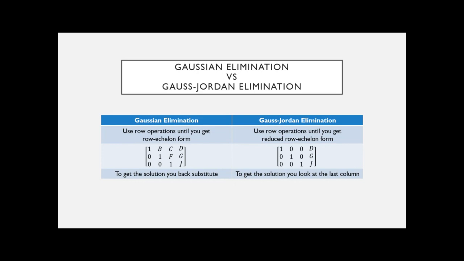Whether you prefer one or the other is just personal preference. Some people prefer Gaussian elimination and then the back substitution. Some people like Gauss-Jordan elimination and they just look at their answers in the last column. You will get the same answer either way.